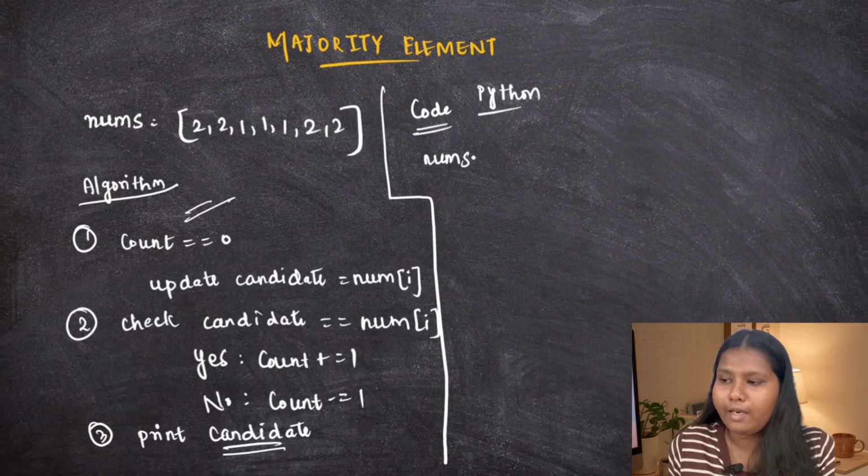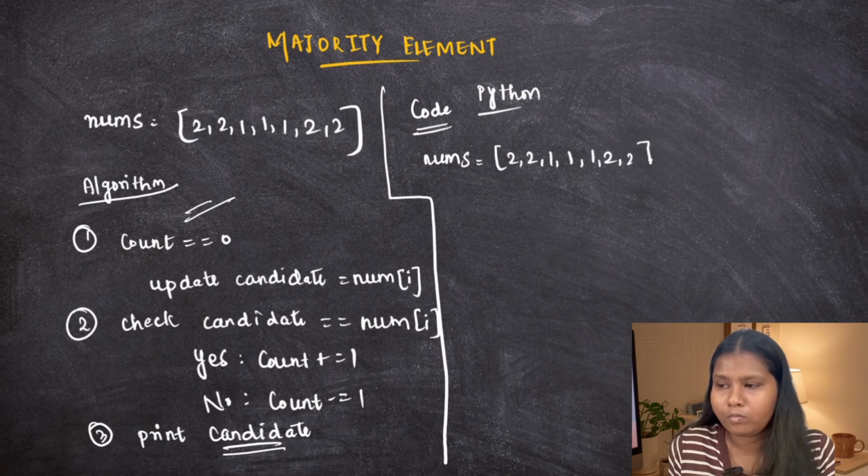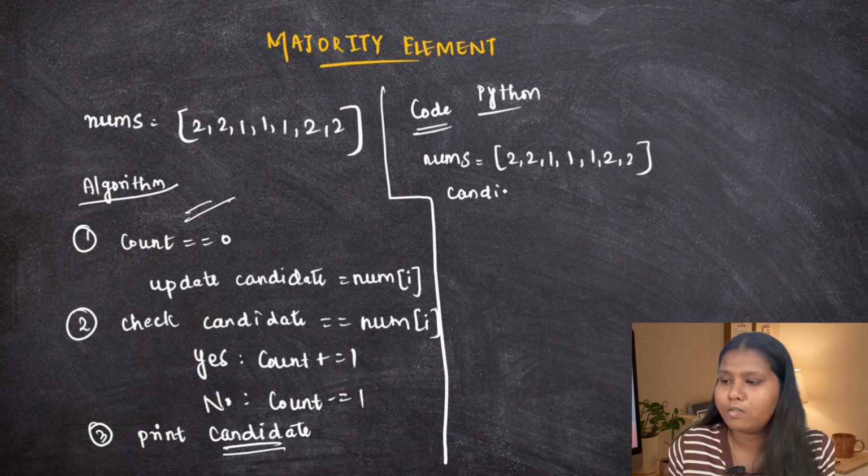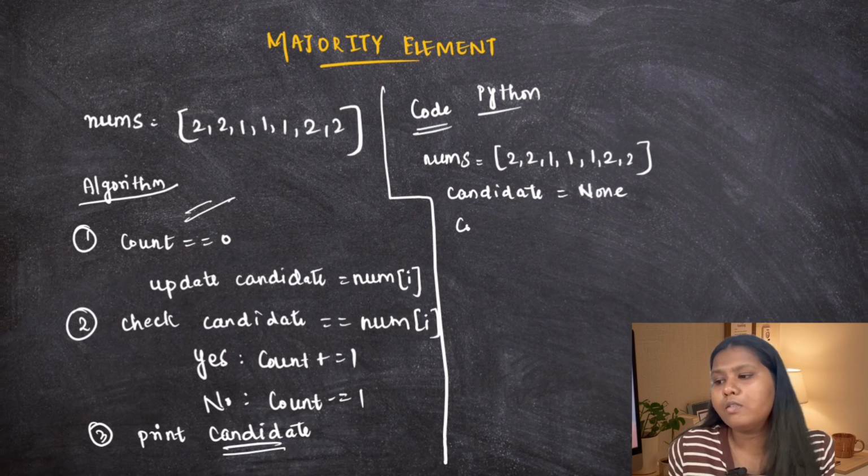First take the array. Then we need 2 variables. One is candidate. You'll get to know what the candidate and count are now. Initialize candidate to None, and count is equal to 0.